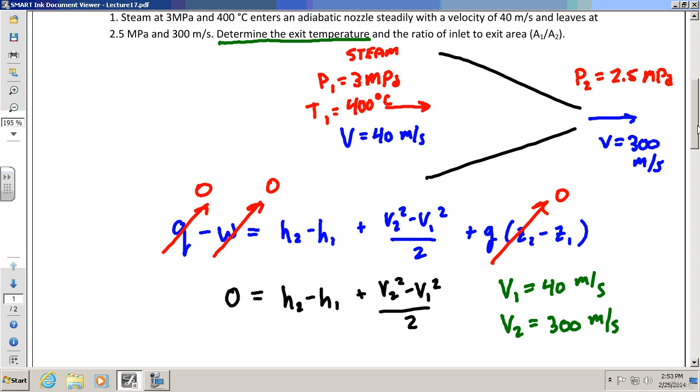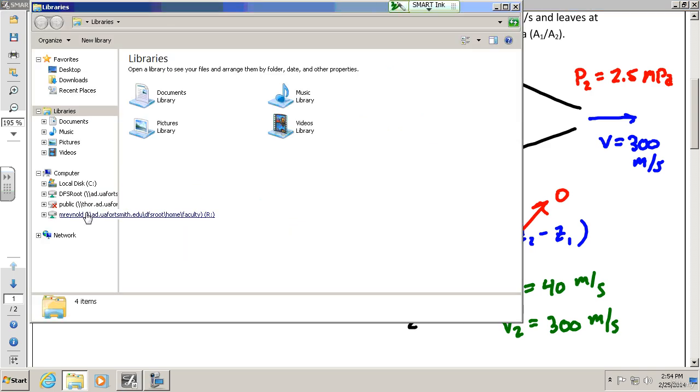I only know one thing at the exit. So I probably can't get H2, but I can probably get H1, and then once I look at that equation, all I have left is H2, right? So how am I going to get H1? Well, that's not going to be that hard. I know the pressure is 3 megapascals and the temperature is 400 degrees Celsius, and it's steam, so I can pull out my tables.